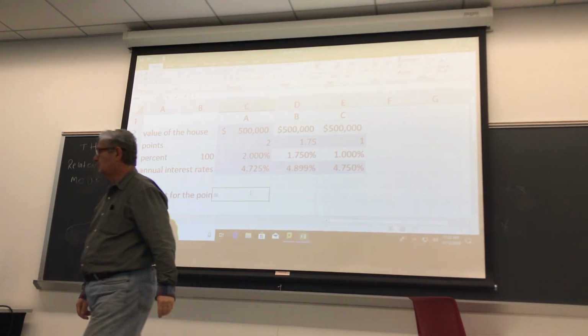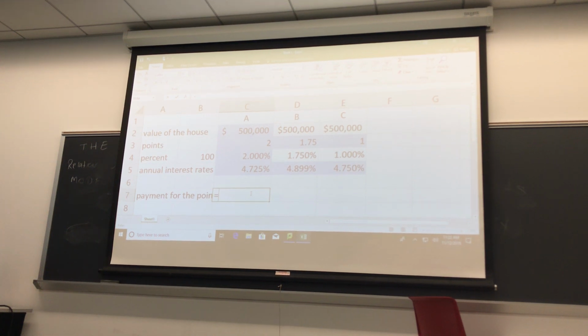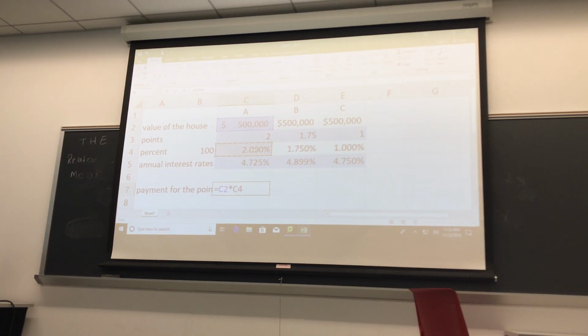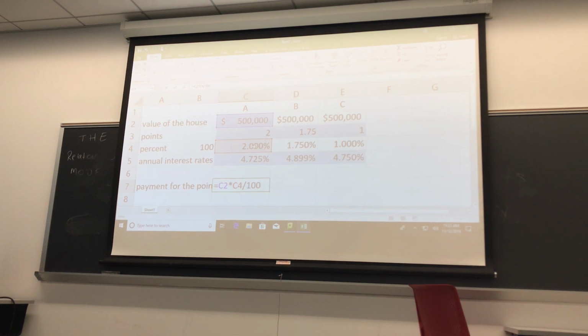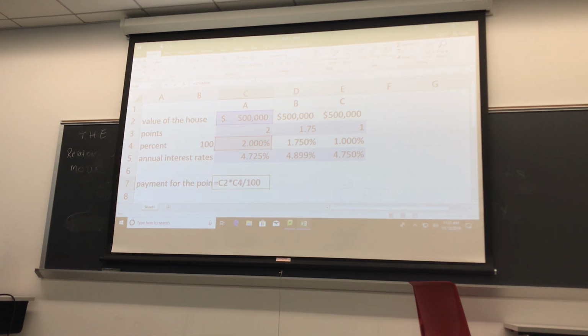Yes. And I will do it in many ways. I take the value of the house, I multiply what is the points in a percentage, and I divide it with 100. Is this correct?